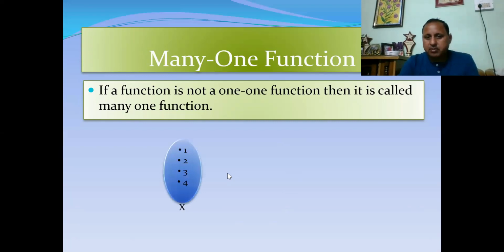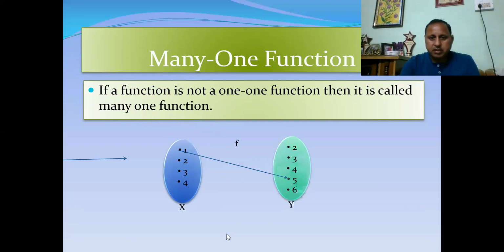Okay, let us observe again with the help of an arrow diagram. Here, two sets x and y, and f is a rule. Observe this rule. 1 is associated with 5, 2 with 3, 3 with 4, and 4 with 3.